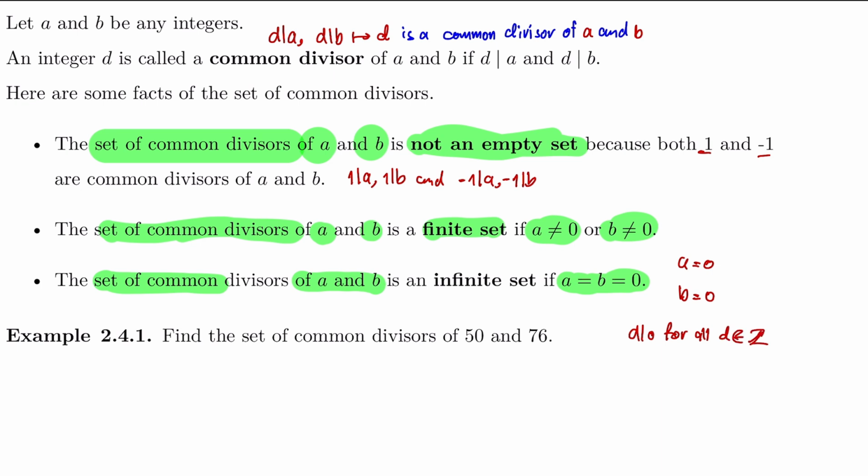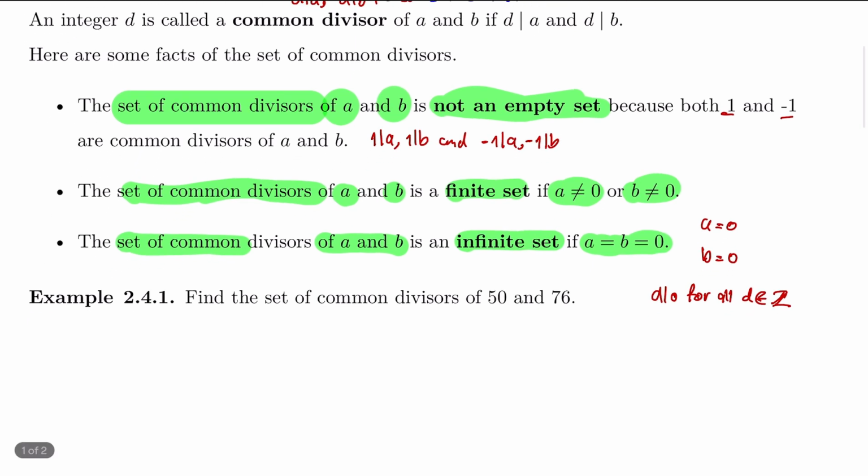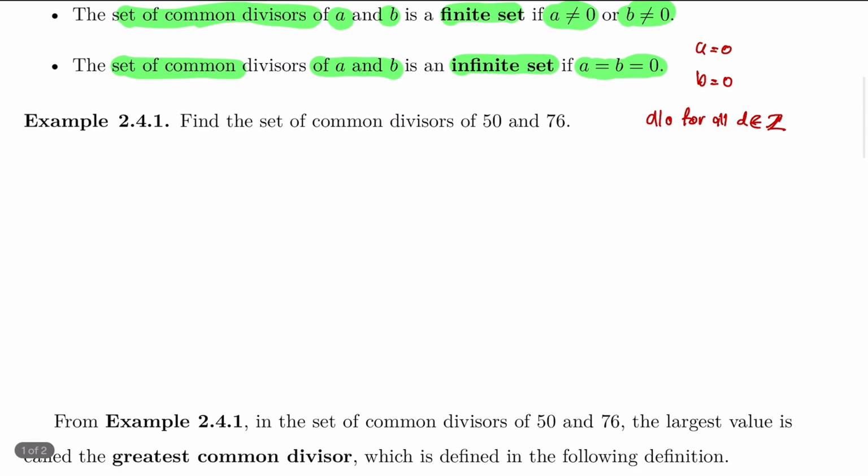So when a and b are both 0, the set of common divisors of a and b is going to be an infinite set.